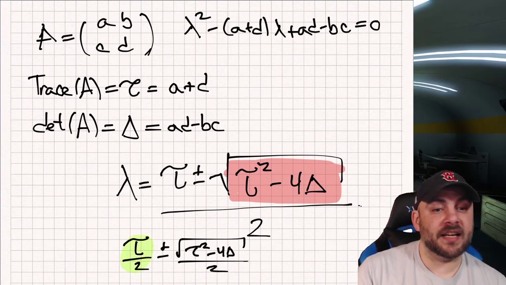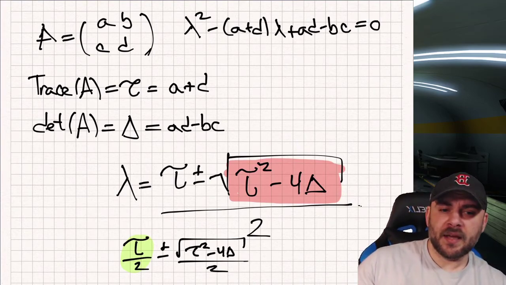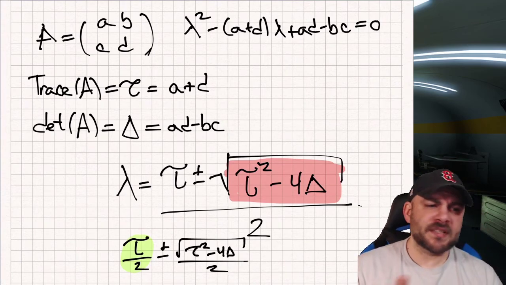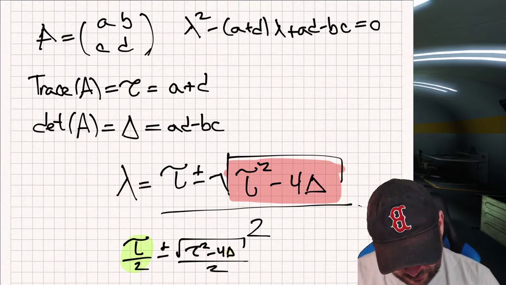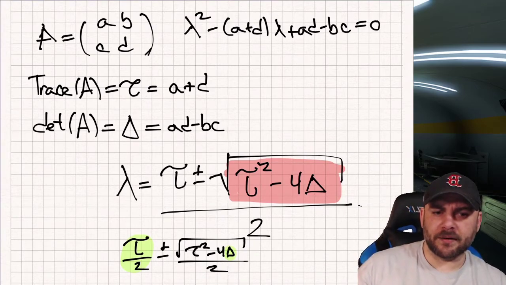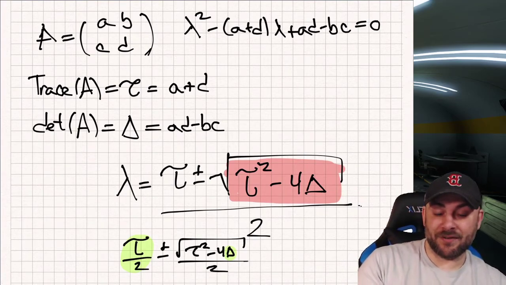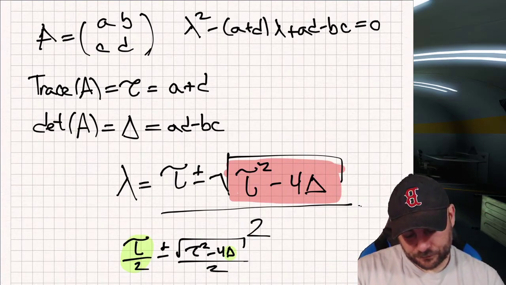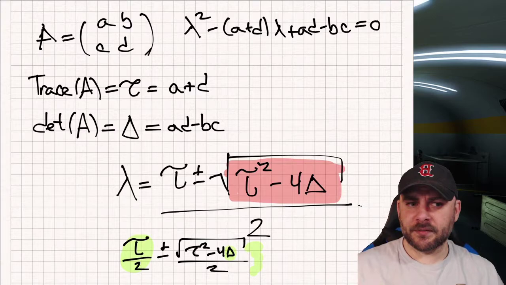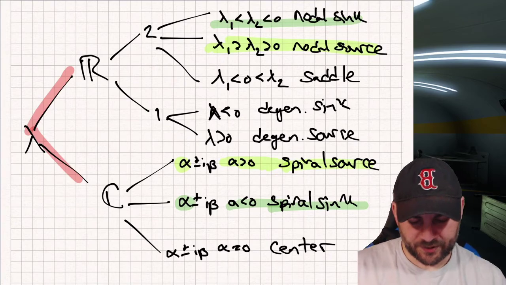And so its positivity and negativity depend on the positivity or negativity of tau. But now if tau's negative, then alpha is negative. But what can we say about lambda 1 and lambda 2? Well, it depends on delta in ways that I will describe a little bit more in a minute, okay? But we can clearly see that for both of my eigenvalues to be positive or negative, this bit, tau over 2, needs to be related to this bit in very particular ways. Okay? So this is interesting to me.